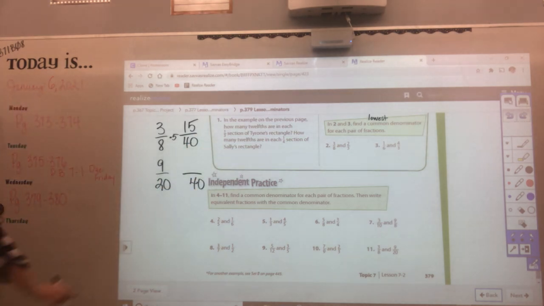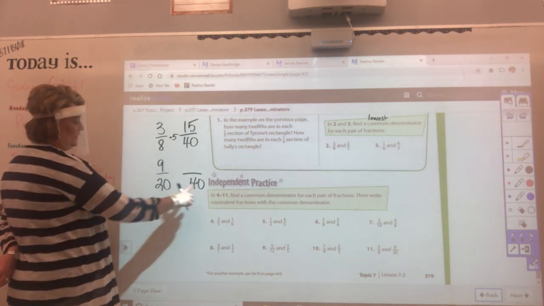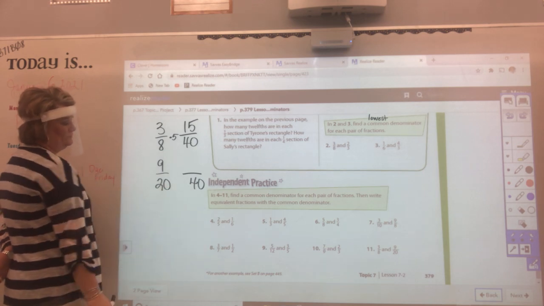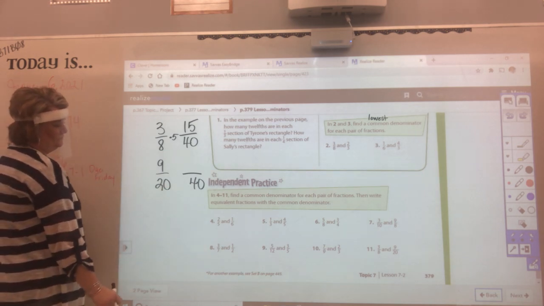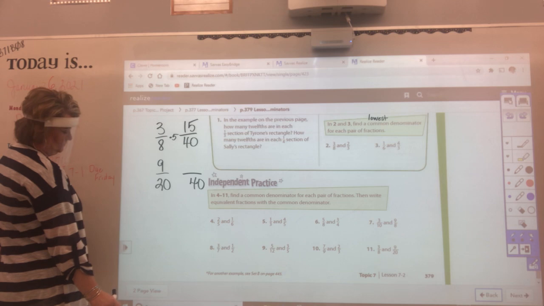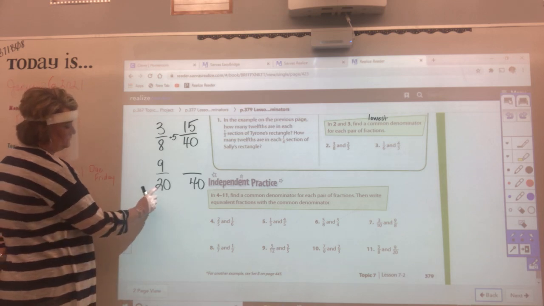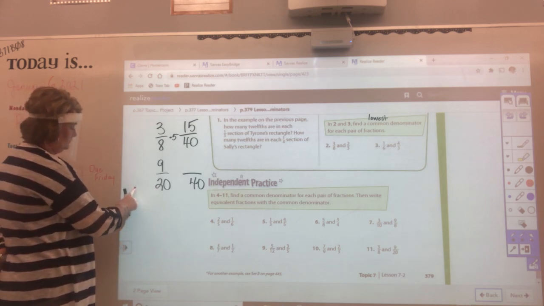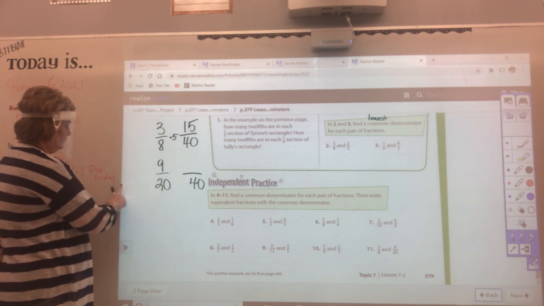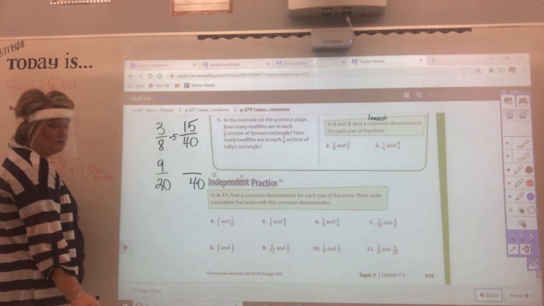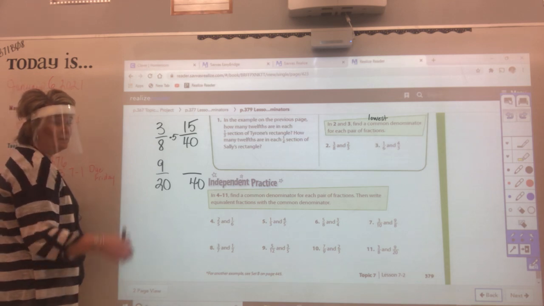Now we're on the bottom, Hope. How do we go from 20 to 40? 20 times what is 40? Well, 20 times 1 is 20. So 20 times 2 is, count by 20s.